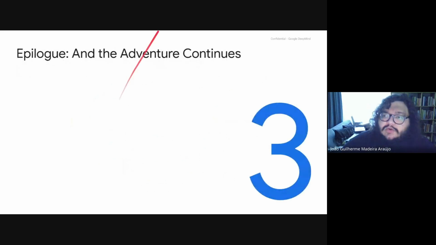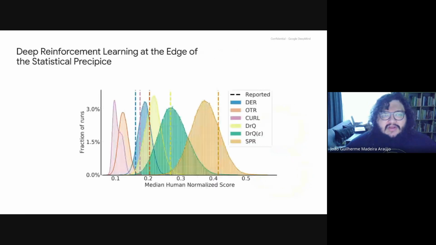Okay, and now we go to the epilogue. And here, I'll have to just be real quick because we're running out of time, and because these papers here, each one is worth at least one presentation. But we have Deep Reinforcement Learning at the Edge of the Statistical Precipice.